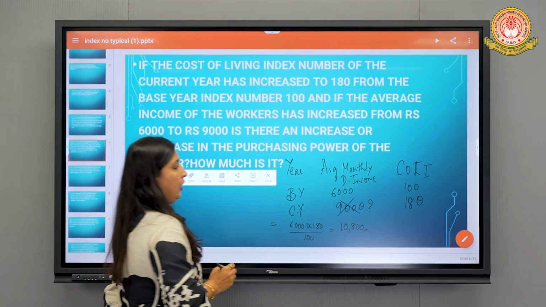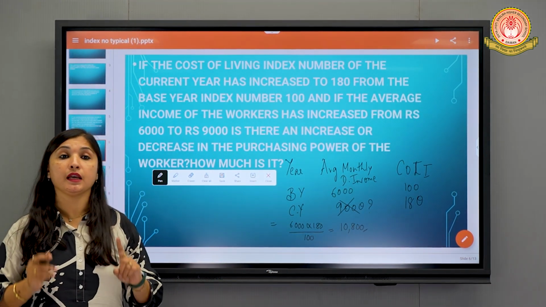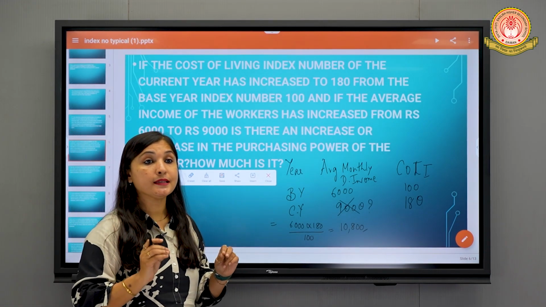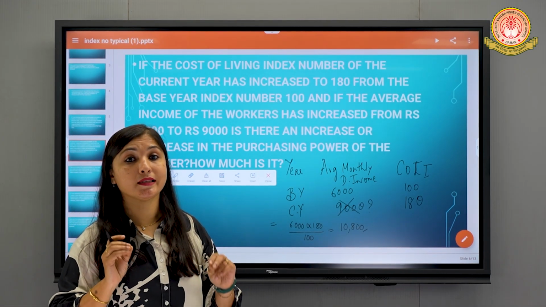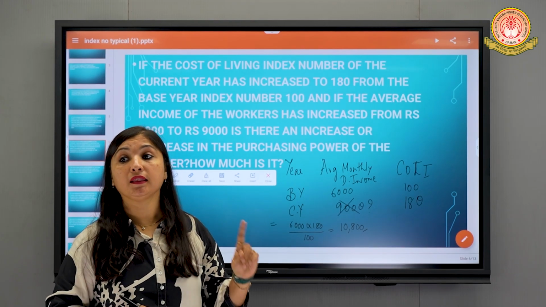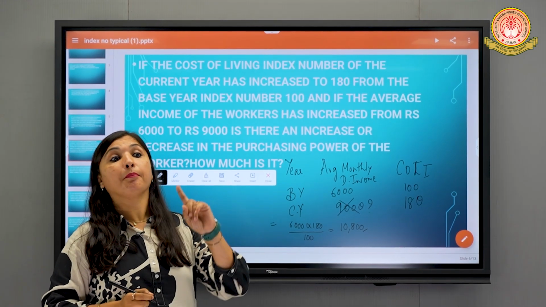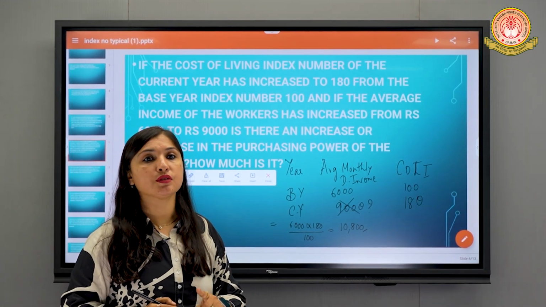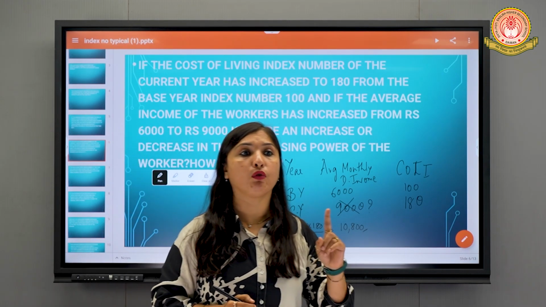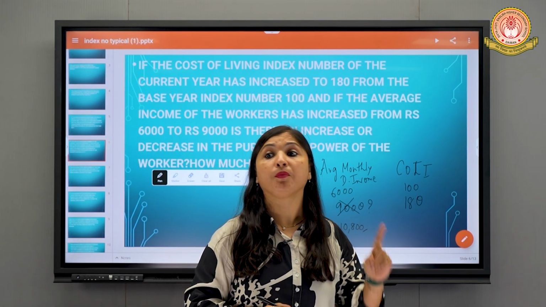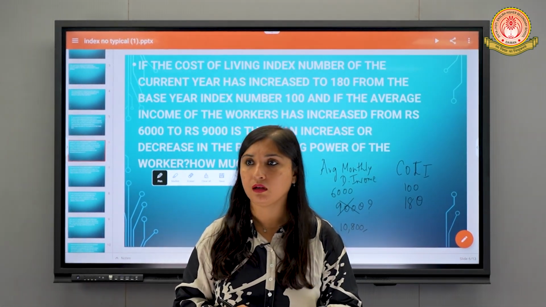10,800. To sustain his life, the person needs to increase his salary to 10,800, but the employer is offering him only rupees 9,000. Will it be sufficient?